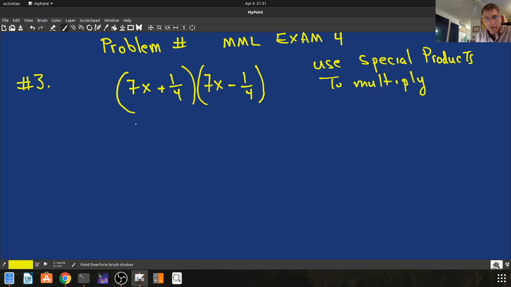And the one we're going to be using here is A plus B times A minus B, and that's equal to A squared minus B squared.